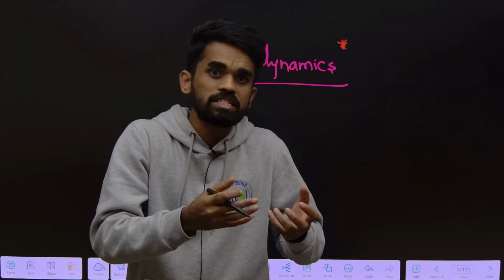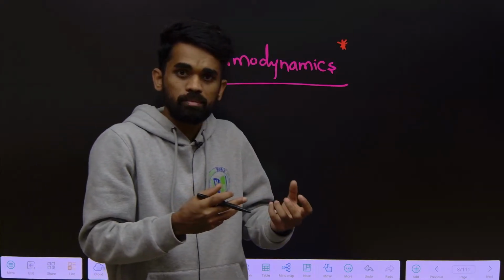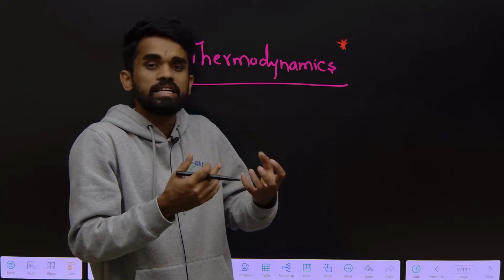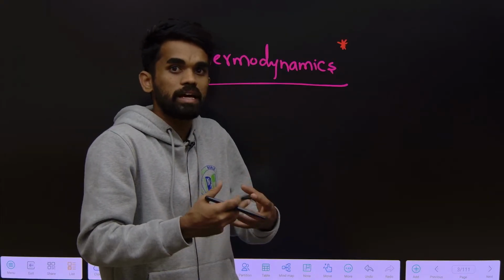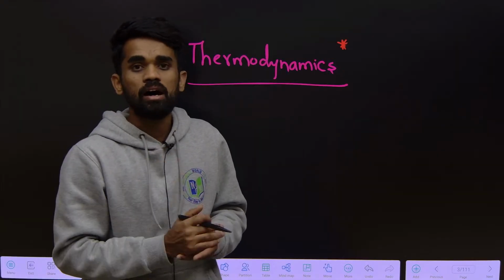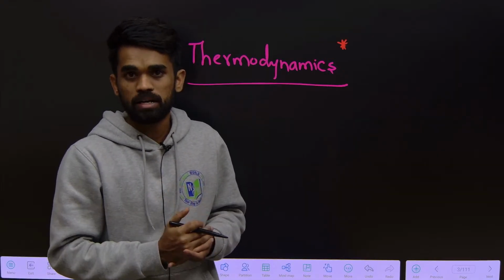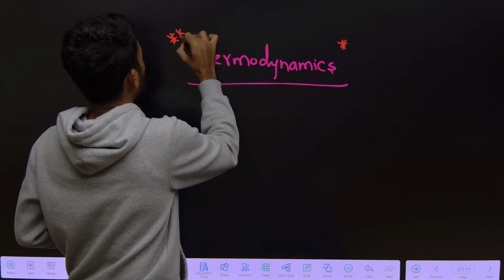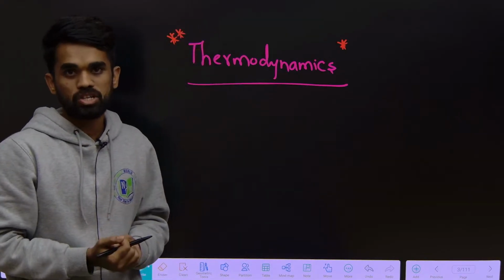Whether the reaction absorbs heat or releases heat, we call it an endothermic or exothermic process. We are much familiar with these terms in our chemistry or biochemistry part. So it is very important to know the thermodynamics behind chemical reactions.